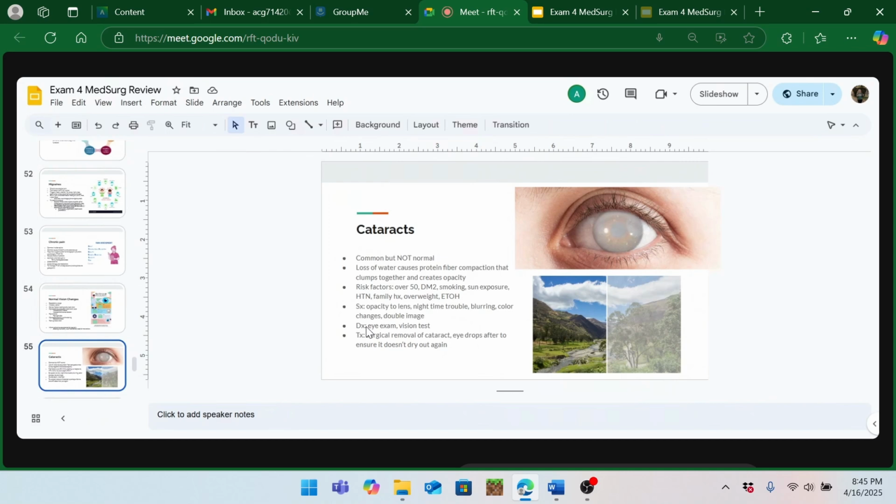And the symptoms, obviously, you can see it. They have trouble at nighttime seeing, blurring, color changes, double image. To diagnose it, you're going to do an eye exam and a vision test. And then to treat this, you're going to have to surgically remove the cataract and then keep eye drops afterwards to make sure it doesn't dry out again and reform.